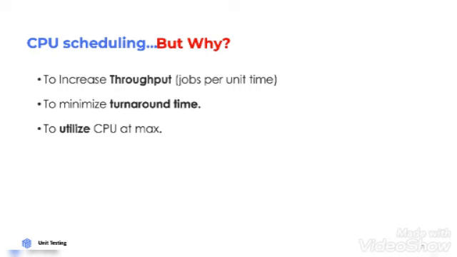And in the end we want to utilize our CPU to the max. Because a unit time of a CPU is very small, there are very small time intervals where the CPU is idle. We want to minimize those time intervals as much as possible so that we can utilize our CPU at its max and get the most work out of it. This will eventually increase the throughput, which is the reason why we're doing CPU scheduling.